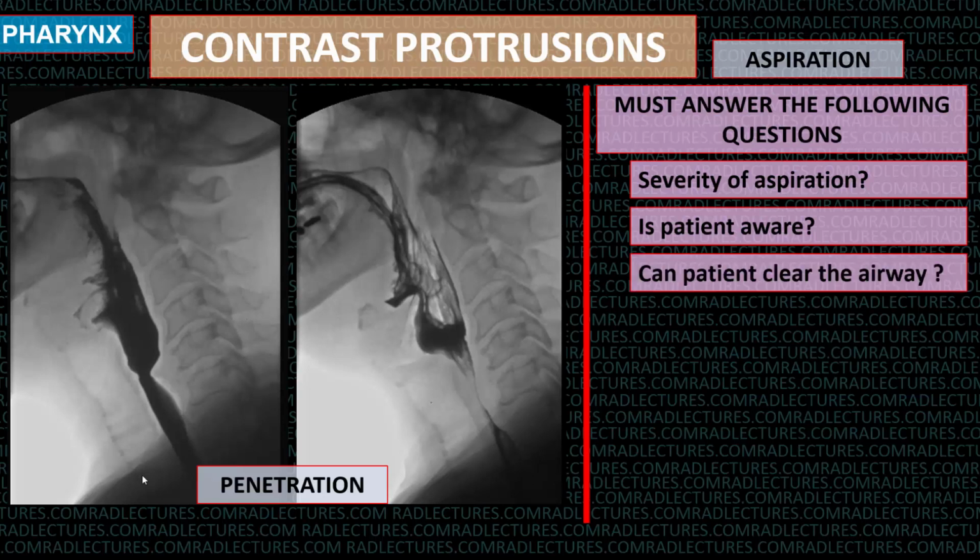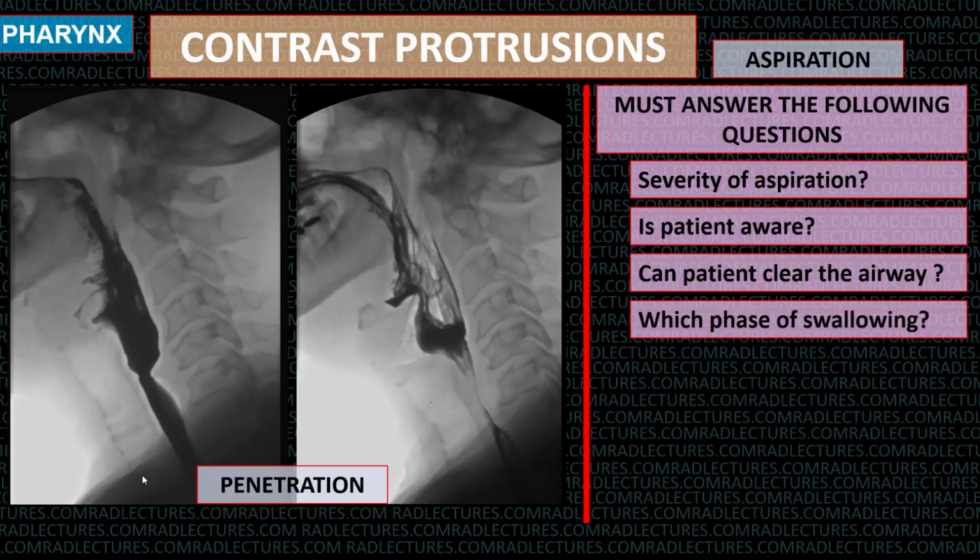Third is, can the patient clear the airway or not? Let's say the contrast has gone down into the trachea. You ask them to cough and see if it will come out and if the trachea will get cleared. Because if it is not, then again, there is a high risk of aspiration pneumonia. And the last thing that you want to know is which phase of the swallowing it occurs in. Does it occur early in the swallowing, middle phase, or late phase of swallowing?